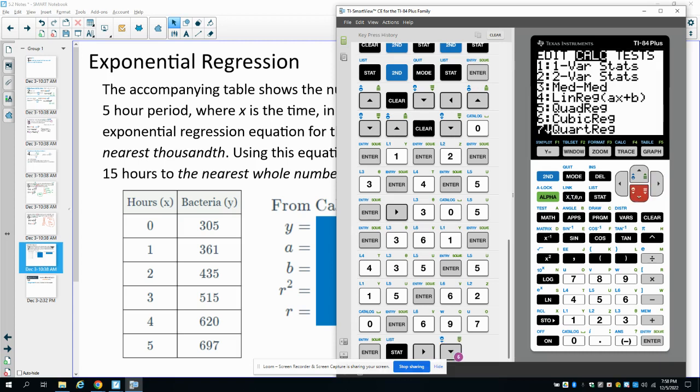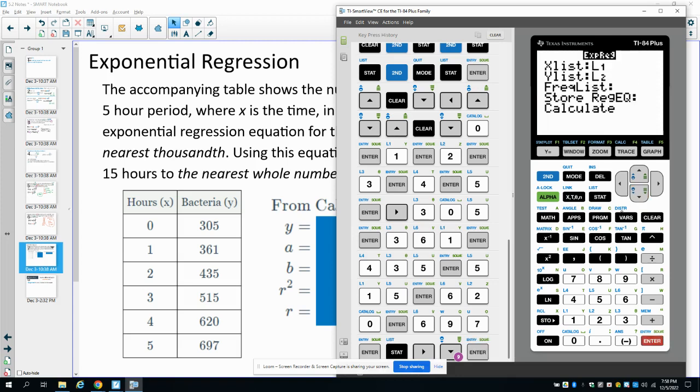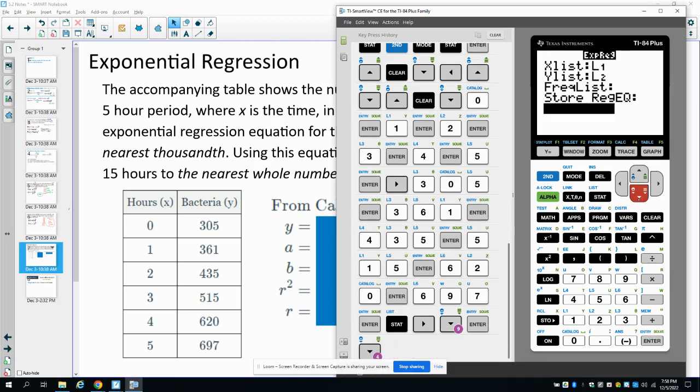You want to find the one that says exponential regression, or EXP regression, which is the 10th option, or the 0. Arrow down until you see it and hit enter. We typed the X's into list 1 and the Y's into list 2, so that's all correct. We're just going to arrow down and hit calculate.